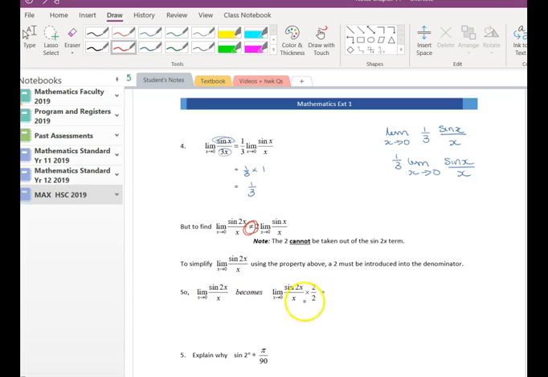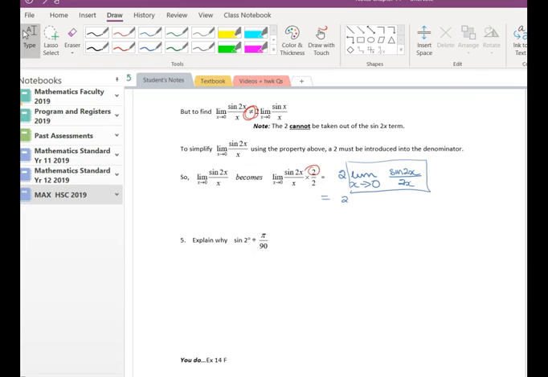If we want to introduce a 2 into the denominator, we don't want to change the size of any of this, so we introduce 1 in the form 2 on 2. So that then gives us the option of taking this 2 right out the front. So we'll have 2 times the limit as x approaches 0, because we don't want that in there anywhere. But it does allow us then to write sine 2x and keep that 2 inside. We know that this component of the calculation would go to 1, and again 2 times 1 is 2.